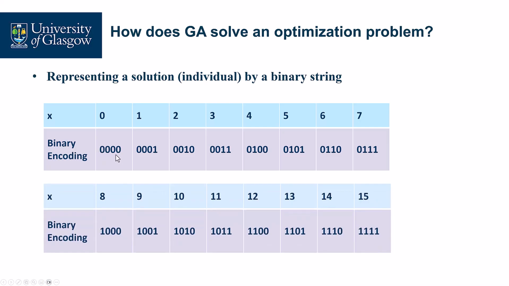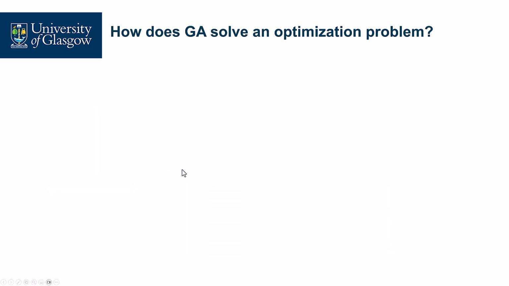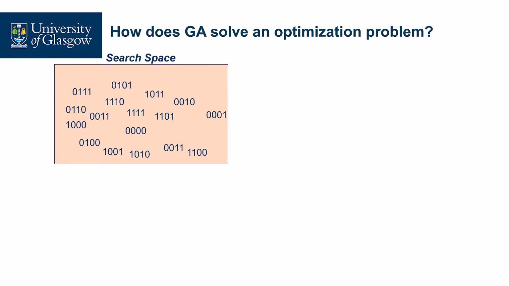So we can see from 0000 to 1111, these are from 0 to 15. And the optimum is here, 1000, right? So now we will see if GA can generate this optimal solution or not, because GA doesn't know this solution beforehand. So here is the search space.